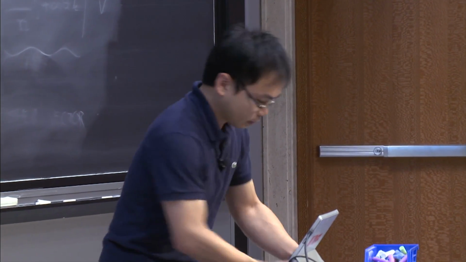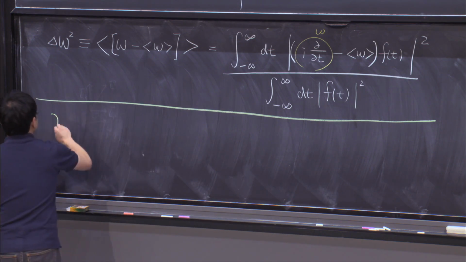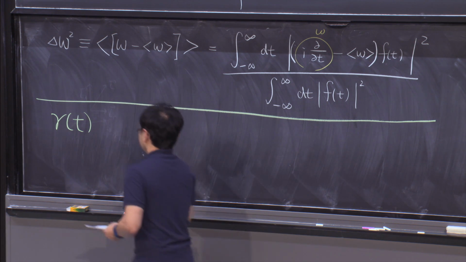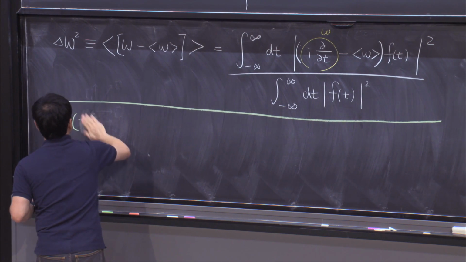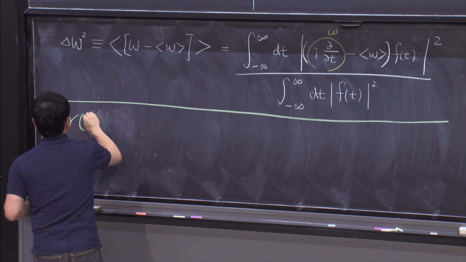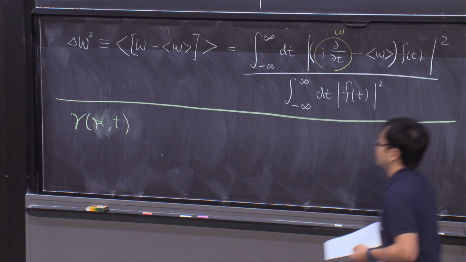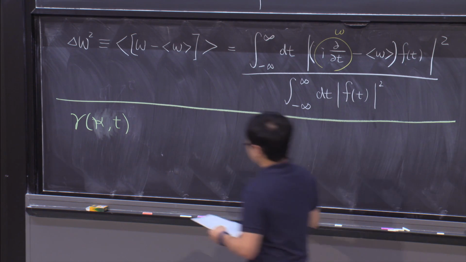Okay? So basically what I'm going to do is to consider a function which is r of t. Okay? It's actually r as a function of kappa and t.